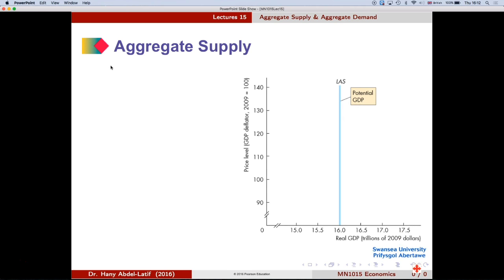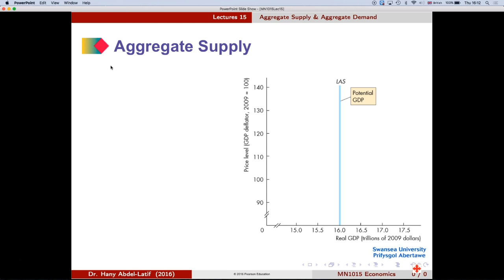So let's see this. So that's the long run aggregate supply. So let's see what we have. On the vertical axis, we measure the price level, and on the horizontal axis, we measure the real GDP. And the long run aggregate supply is a vertical line. Why? This curve is vertical because it does not depend on the price level.